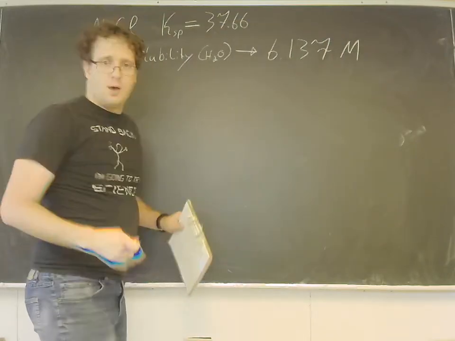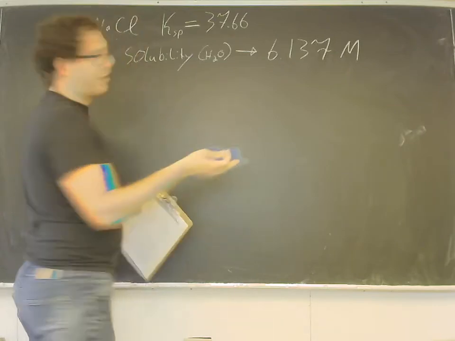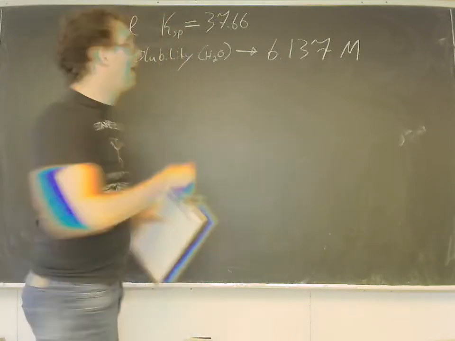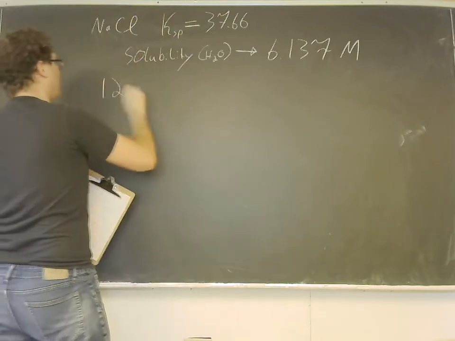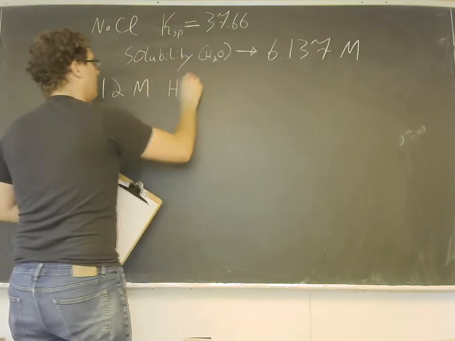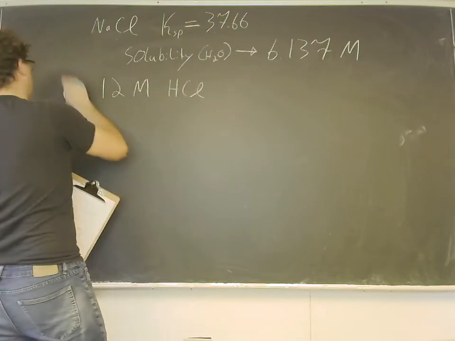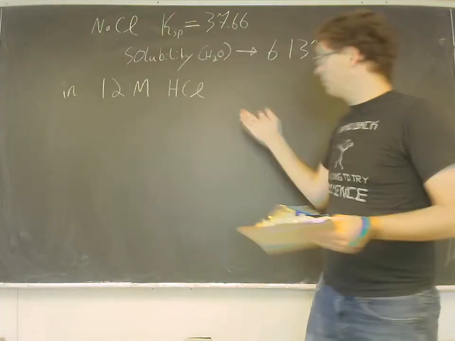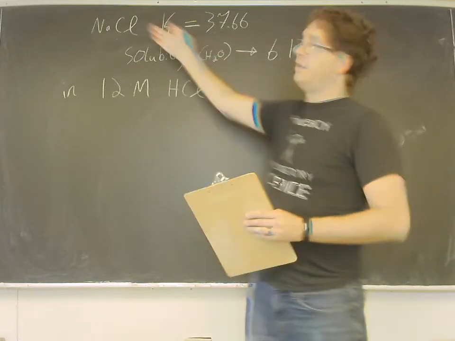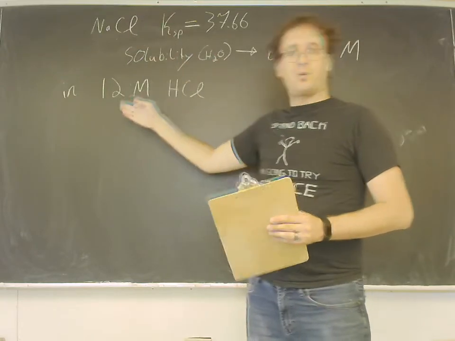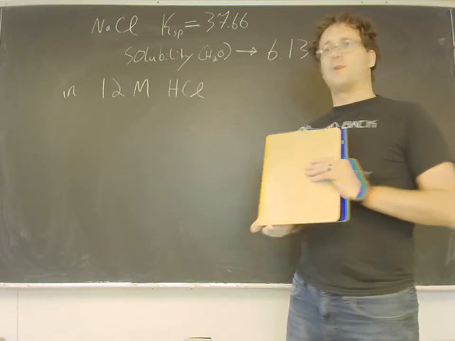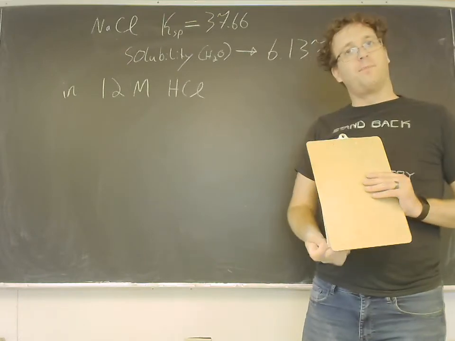Okay, well, what if instead of pure water I have a hydrochloric acid solution and it's 12 molar HCl? Now, hydrochloric acid has a higher solubility, apparently, than sodium chloride. I can fit 12 moles of hydrochloric acid in every 1 mole of water.